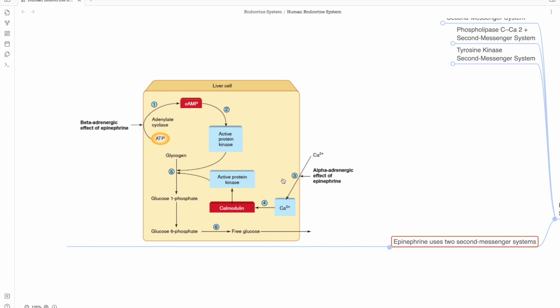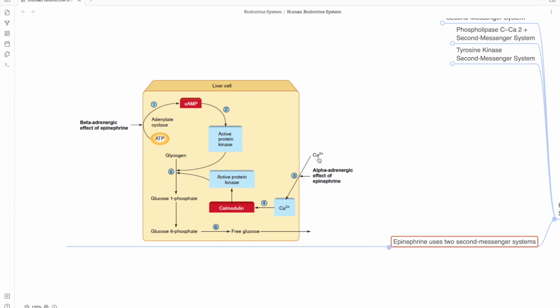So this is the first secondary messenger system that we discussed, the adenylate cyclase cyclic AMP secondary messenger system, and that is being used by the beta adrenergic effect of epinephrine. Now what about the alpha adrenergic effect of epinephrine? They are using the phospholipase C calcium secondary messenger system.